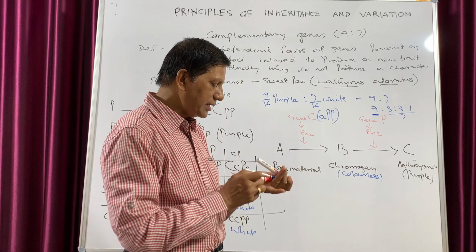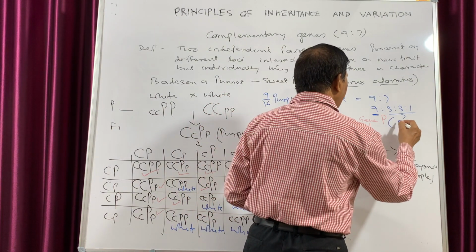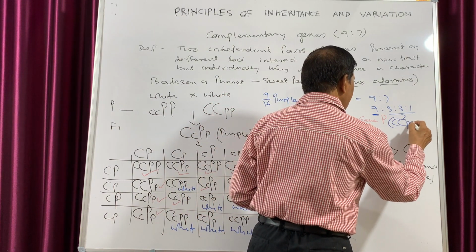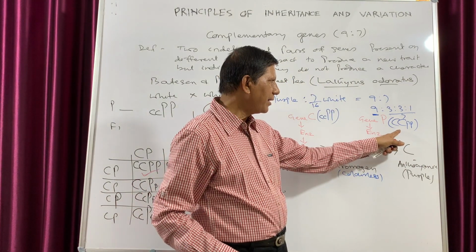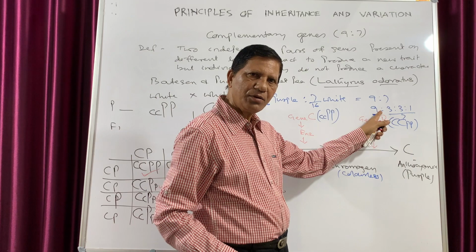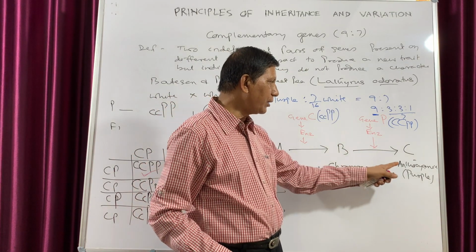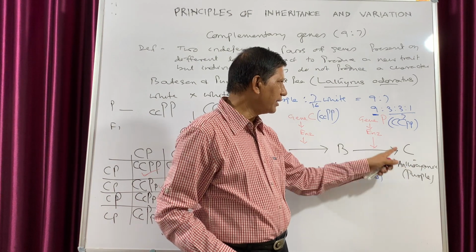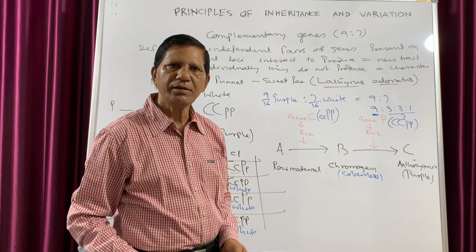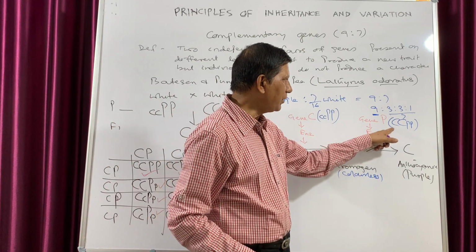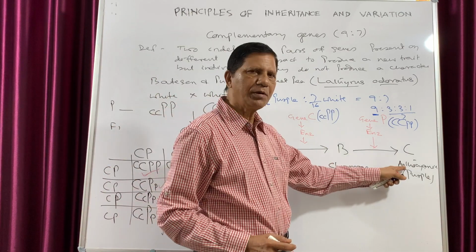And this is usually present in the plant capital C, small p. So in this plant, capital C is there, which can convert raw material to chromogen. But when chromogen is to be converted to anthocyanin, it requires capital P, and that is not present in this plant. So with only this type of genotype, it cannot produce anthocyanin pigment, so it remains white.